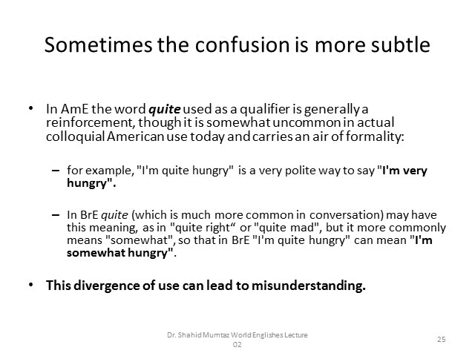But in British English, quite means somewhat. So when a British person says I'm quite hungry, it means I am somewhat hungry. So you see the difference between I'm very hungry and I am somewhat hungry.